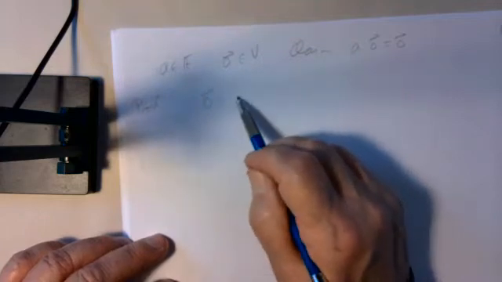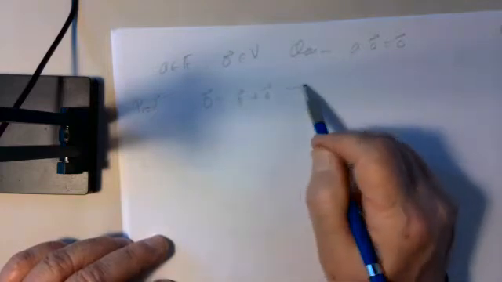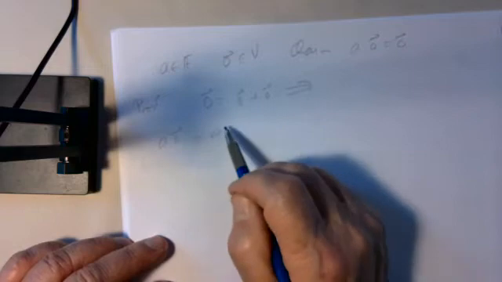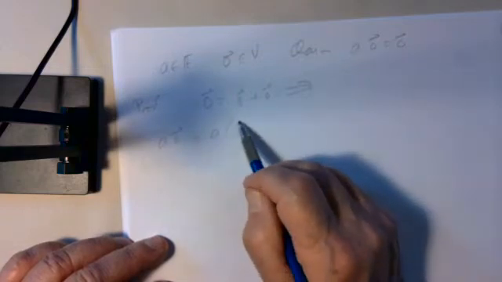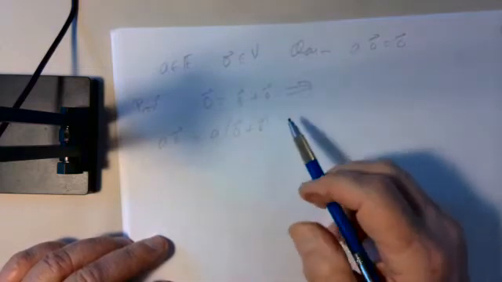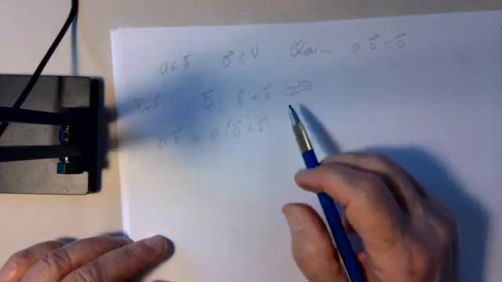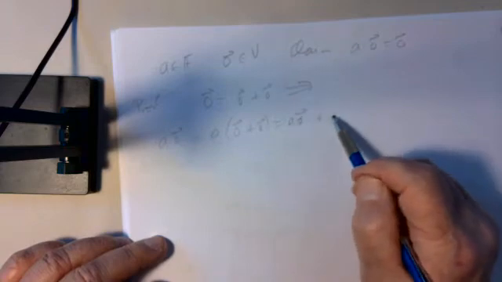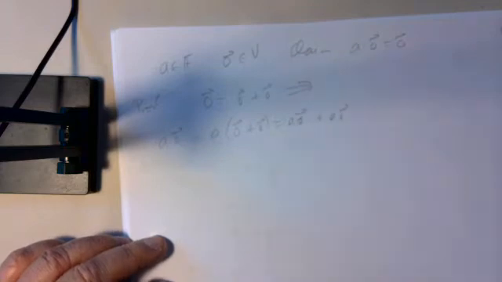The 0 vector is 0 plus 0. So this implies that a times the 0 vector is a times the 0 vector added to itself. By distributivity, this is a times the 0 vector plus a times the 0 vector.